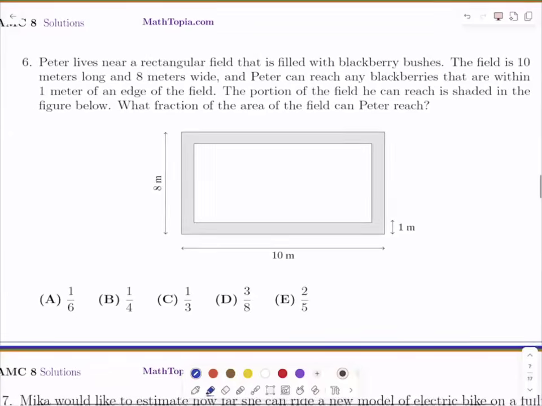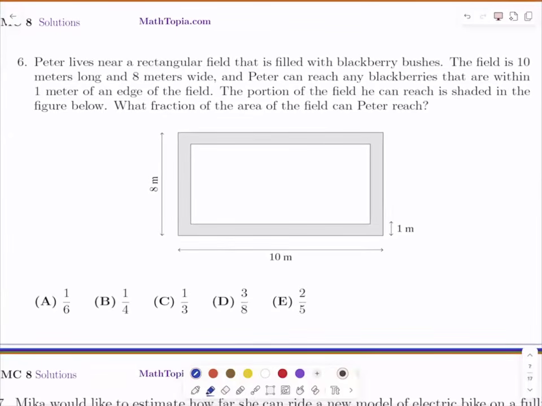So number 6, another geometry problem. Yusuf, could you summarize this problem, please? We have a large, big rectangle, the outer rectangle, and an inner rectangle, right? Yes. And then what's our first goal?